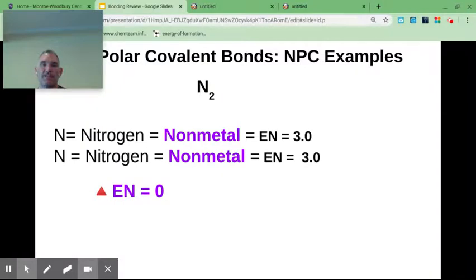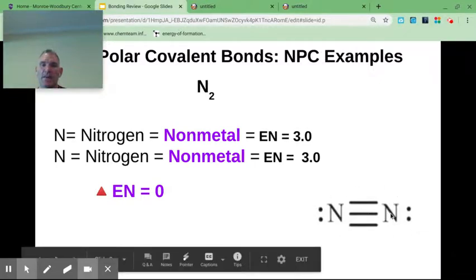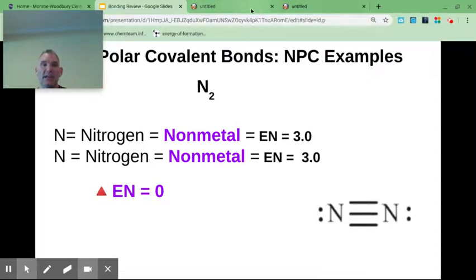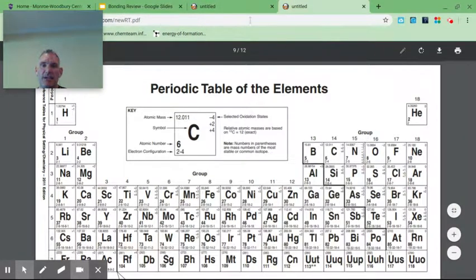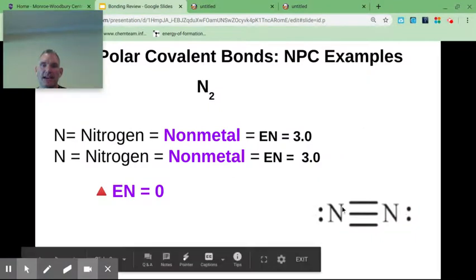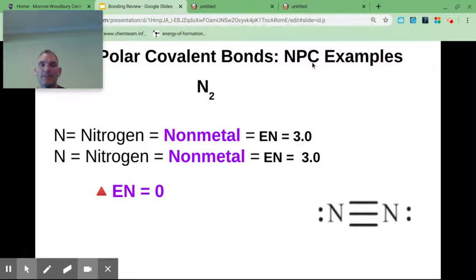And the special thing about N2 is that the only way the electrons can share in a stable fashion is if there's a triple bond. And notice in this diagram here, both sides are perfectly equal. If I go and look at the charge, N is minus. So I'm going to have a minus side and a minus side, which makes it equal on both sides in both items and in charges. So it's symmetrical as well, and again makes it nonpolar.